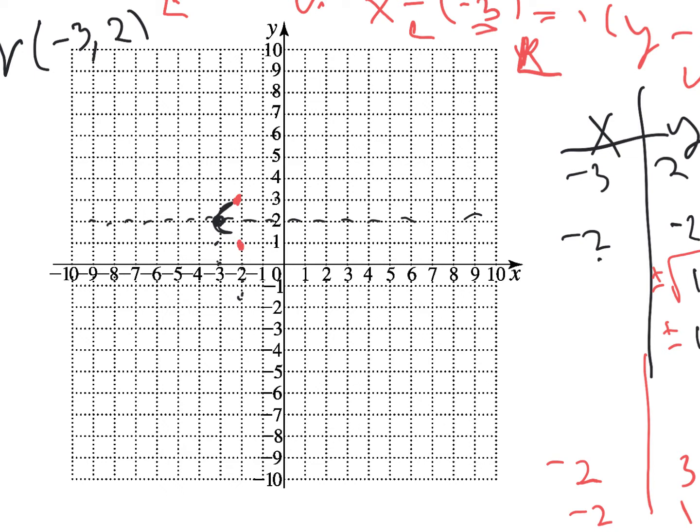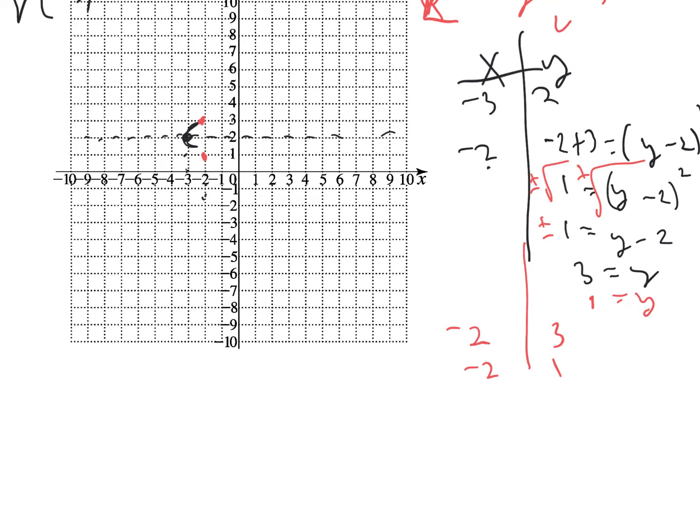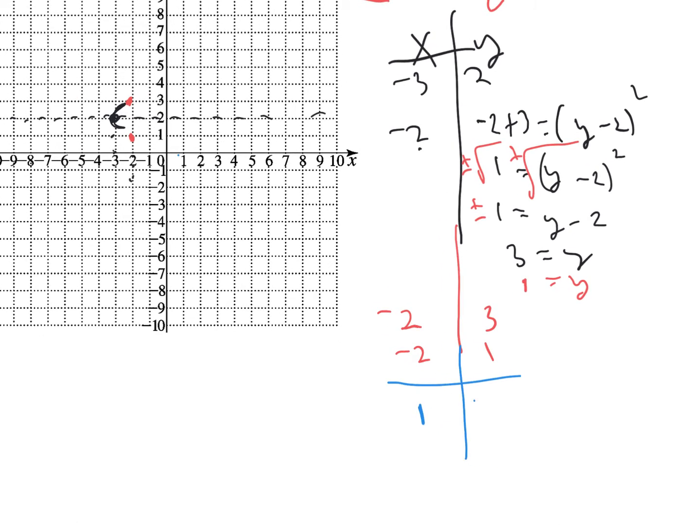Let me do one more set. Let's see what happens on the other side of the x-axis. Let's do a 1. Let's see what happens over here, 1. So I suspect there'll be 2 answers again. So the equation again was x plus 3, so that's going to give me 1 plus 3 equals the y minus 2 squared.